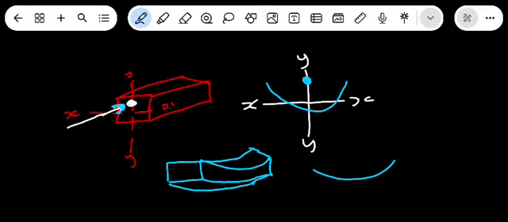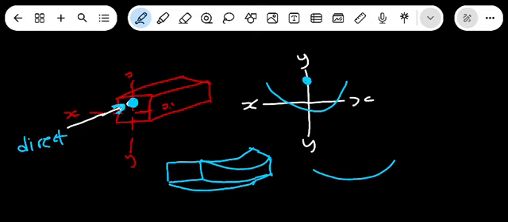This force that we apply on this section, on a certain distance, will cause this bar to bend in the x-axis.